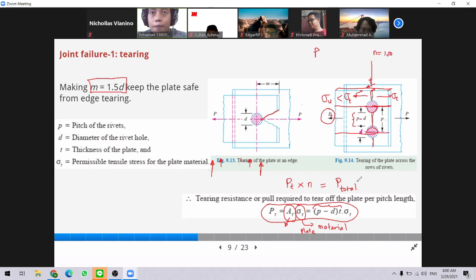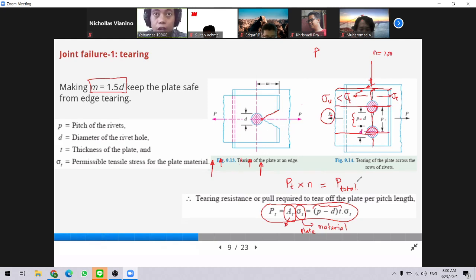And about bending moment, as I previously explained, for a lap joint, if we can make sure that the plate being joined is very thin, then maybe we can minimize the effect of bending because of the eccentricity of the load.